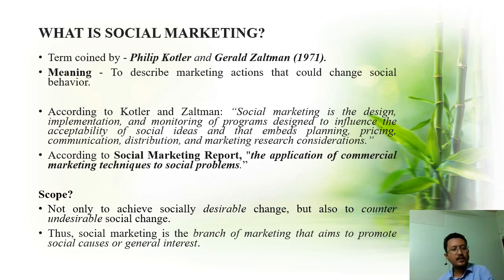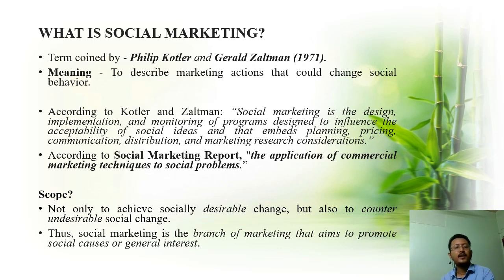So with these definitions, what we can understand is social marketing is basically about applying all the general marketing principles, tools and techniques, but towards a different aspect, which is a social aspect, right? So what does it include? What does it cover? The scope of social marketing is not only to achieve a socially desirable change, but also to counter undesirable social change, right?